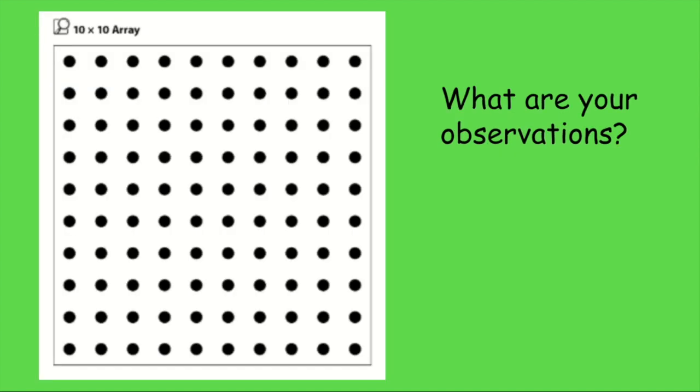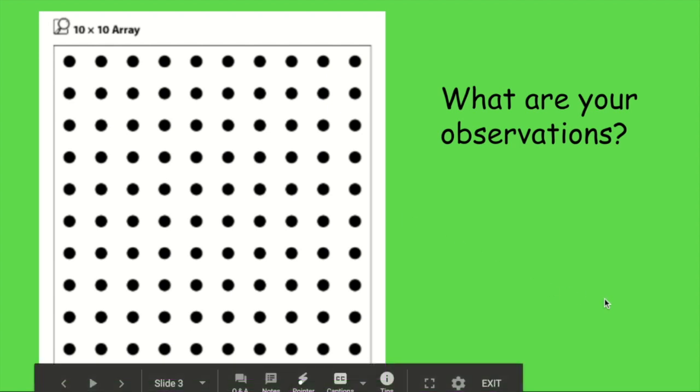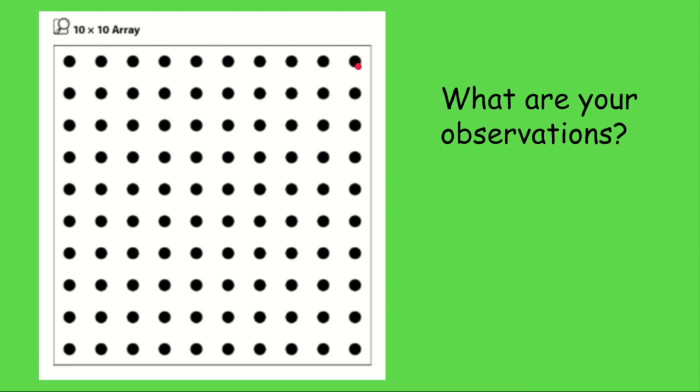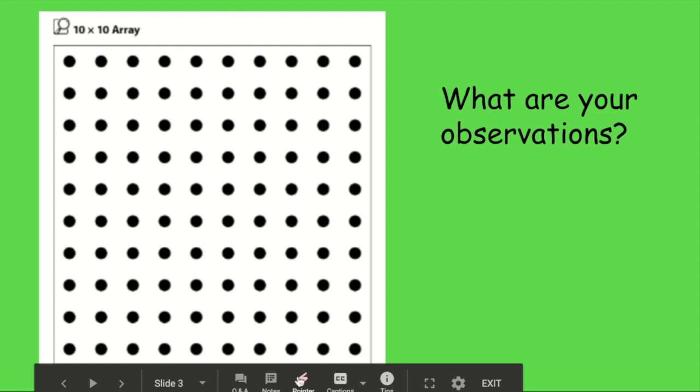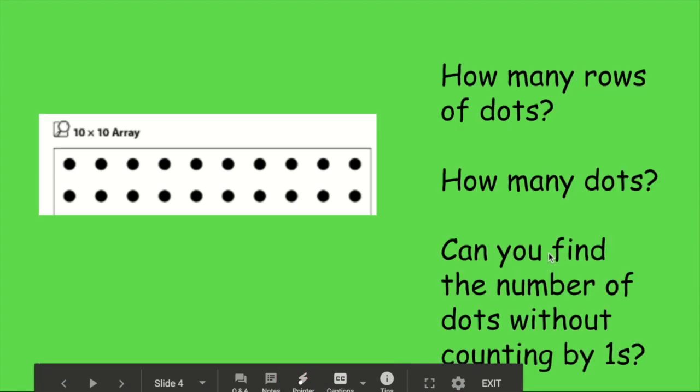Take a look at my 10 by 10 array. What are your observations? What do you notice? Do you notice that there are 10 dots in one row and there are 10 rows? Let's look closer.